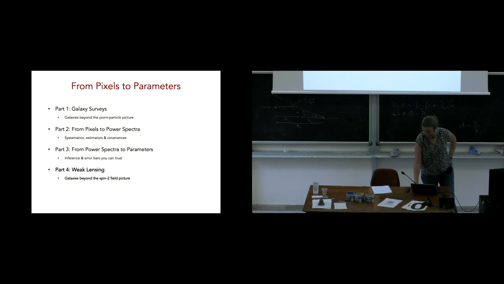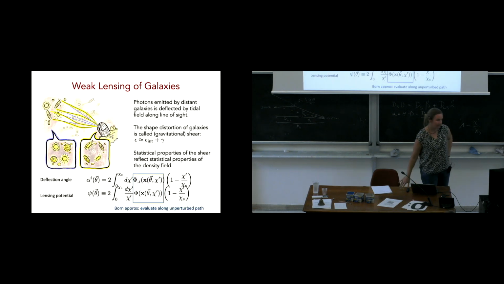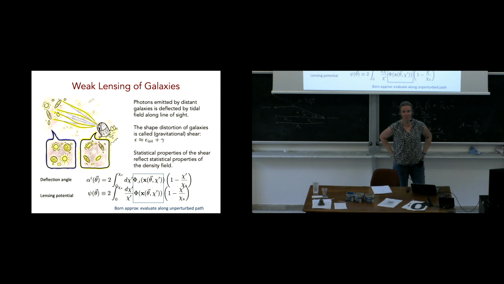That's our setup. And in particular here, we will now really consider weak lensing of galaxies. So let's, for now, imagine that our background galaxies are all perfectly circular. And then the light gets deflected on the way to the telescope, and we end up with distorted images. So our galaxies appear elliptical.